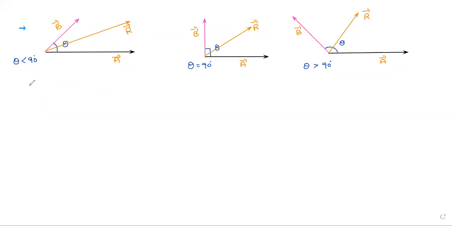Here the magnitude of R bar, which is simply R, is equal to, as we discussed yesterday, root of A square plus B square plus 2AB cos theta in all three cases. This gives the magnitude.